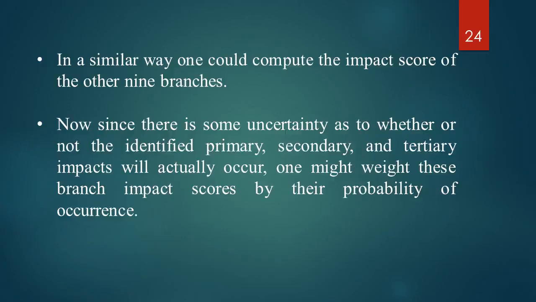Now, since there is some uncertainty as to whether or not the identified primary, secondary and tertiary impacts will actually occur, one might weight these branch impact scores by their probability of occurrence.